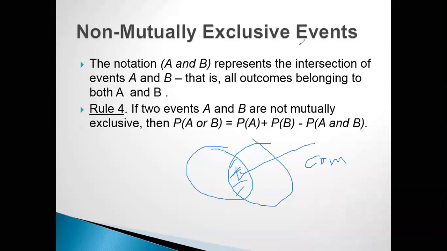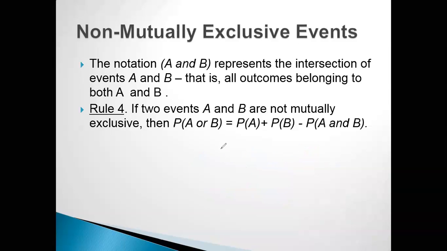When two events are going to happen, and certain things are common in both these events, then the formula is: P(A or B) is P(A) plus P(B) minus P(A and B), right? This is the formula.